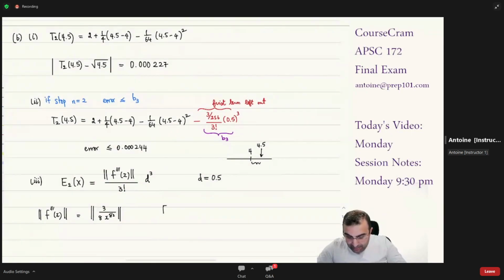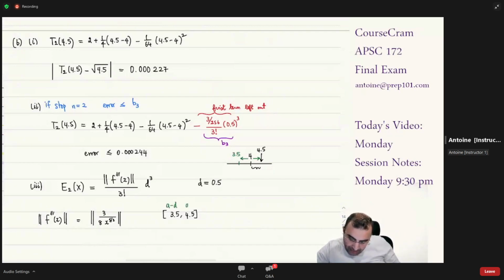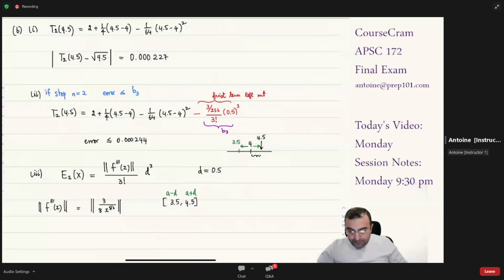The interval is 3.5 to 4.5, because if you move 0.5 that way you're at 3.5. So the interval you're working with is always a minus d, a plus d. So what's the maximum value that this thing can take on this interval?